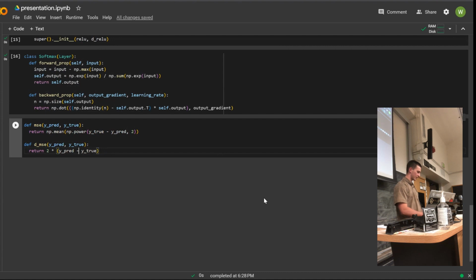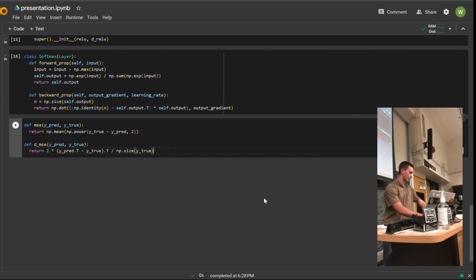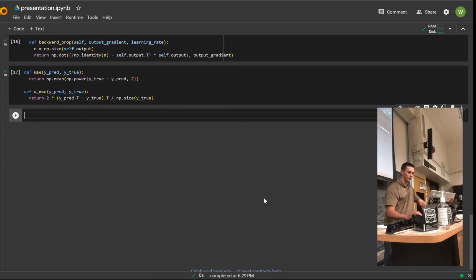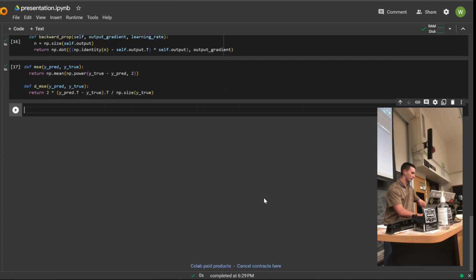So instead, I did the equivalent by transposing the whole thing, right? So transpose is distributive. And so this is mathematically equivalent, but this worked and the other one didn't. I don't know, take it up with Python, not me. And then we divide by n. Okay, so those are all our important functions that we're going to use in building our network.